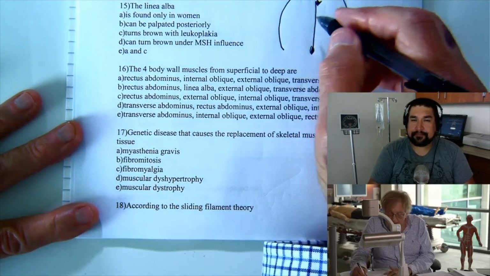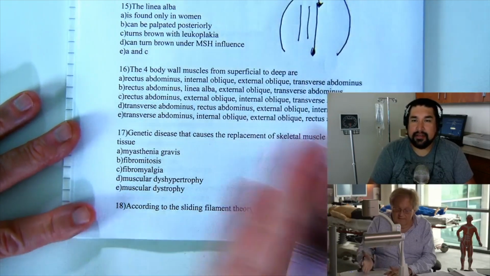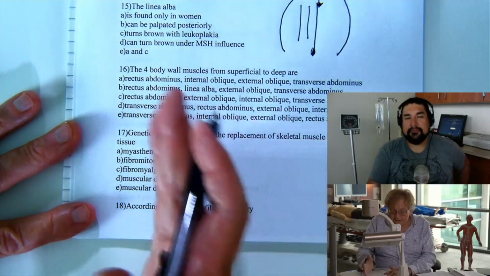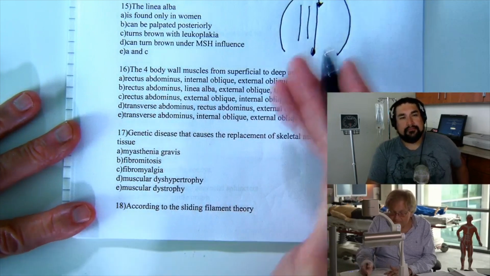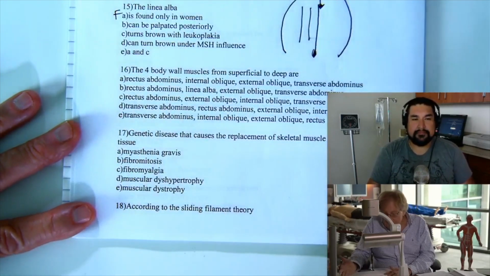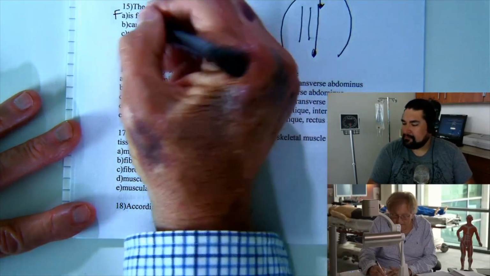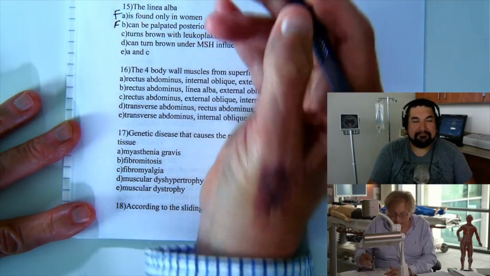Remember, that's going to bisect the rectus in the midline. Is it found only in women? It's impossible because men have a rectus abdominis muscle. That's false. Palpated posteriorly means you have to put your hand inside of a person, so obviously that's false. It could be palpated anteriorly.